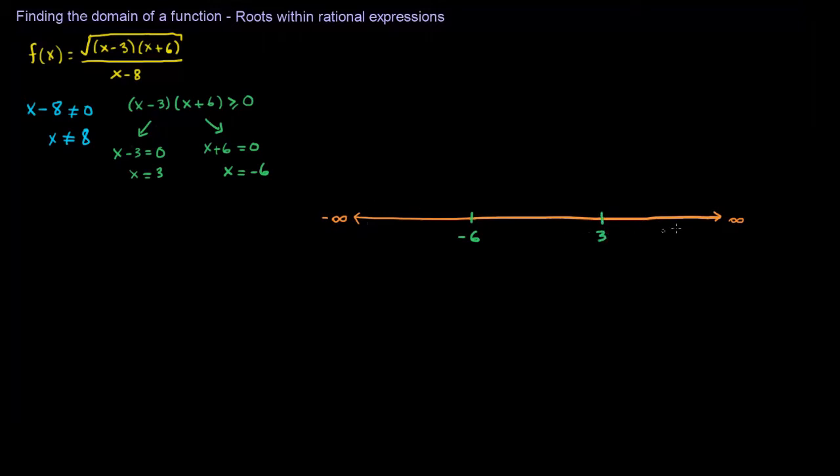Now again, I have to consider the intervals: from negative infinity until negative 6, the values in between from negative 6 until 3, and the values after the 3. So I'm just going to pick simple values: x equal to negative 10, x equal to 0, and x equal to 10. I think these are the simplest cases.